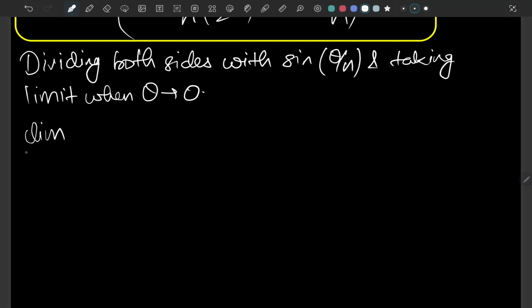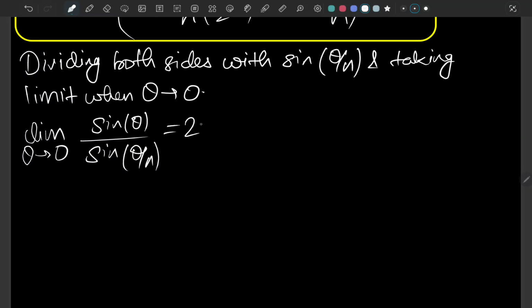So its limit as theta tends to 0. On the left hand side we were having sine of theta, and we have divided it by sine of theta over n, and on the right hand side we were having 2 to the n minus 1.